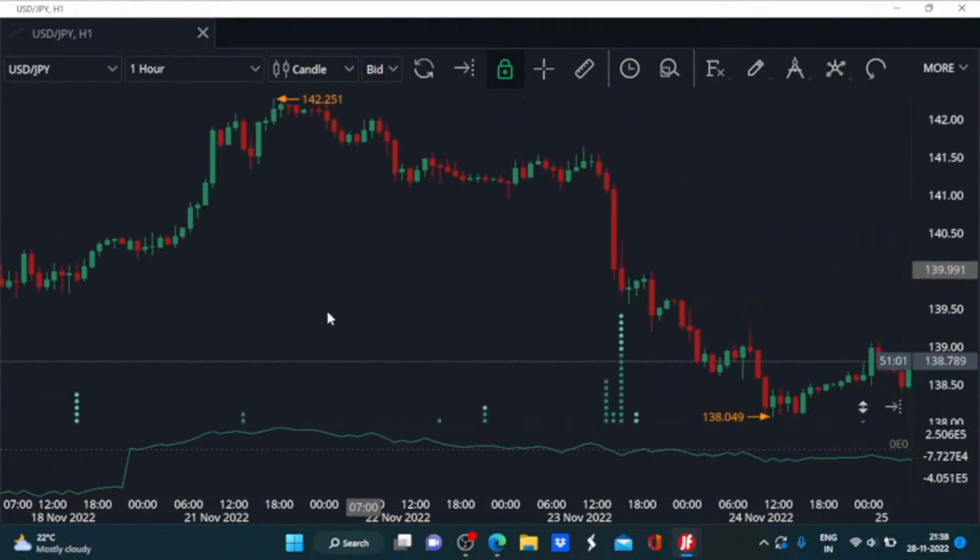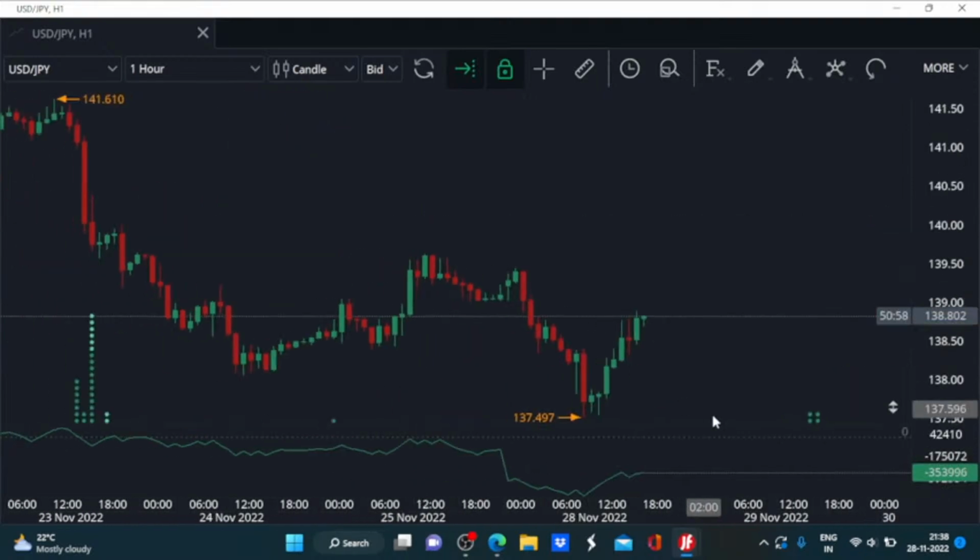So for example, if you simply consider the output of the OBV for the last three candles, the current candle, the prior candle, and the candle prior to that, you can figure out the difference between these three candles.